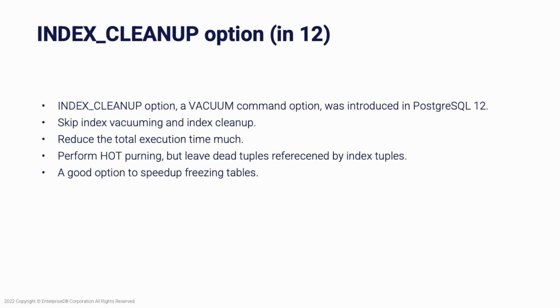So vacuum still does HOT pruning even when the index cleanup option is disabled, but leaves the dead tuples on the table referenced by the index tuples. So this option is often used in order to freeze tables as quickly as possible.